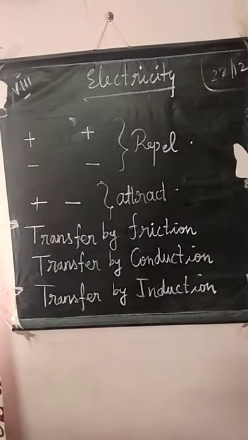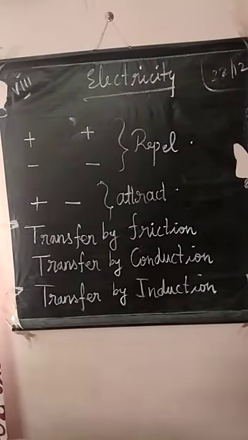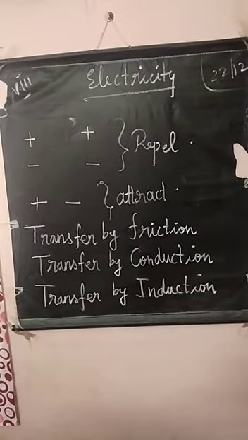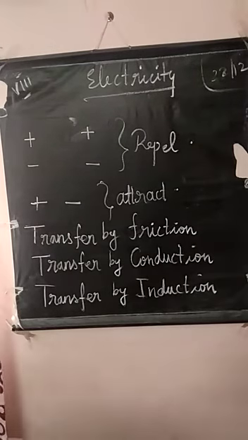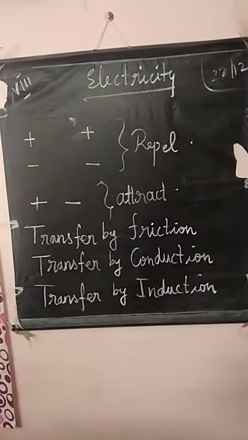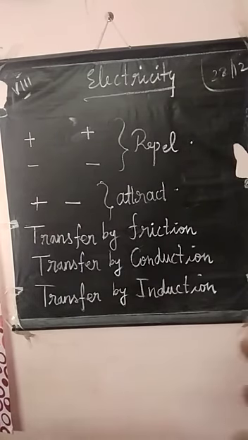So all this is given in your book at page number 13, ma. Okay, so the next one is transfer of charges. A substance which gains electrons becomes negatively charged, that is transfer of electrons. Electrons in the outermost orbit of an atom can be easily removed.